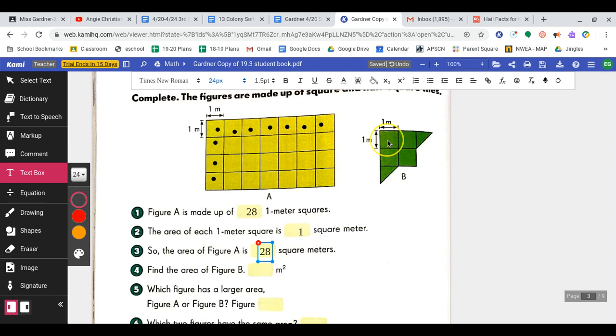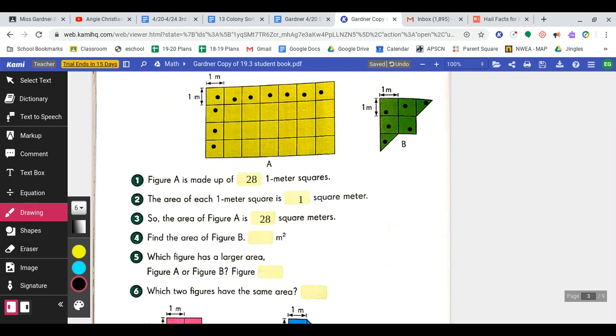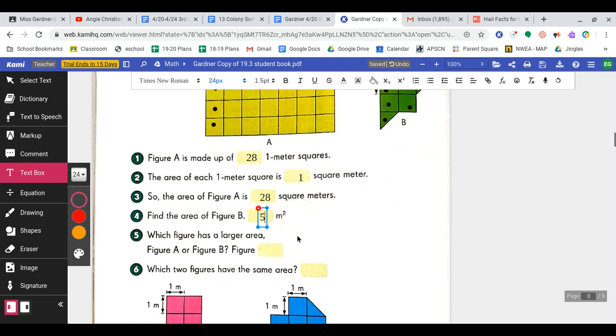So we can multiply 2 times 2, which is 4 square meters for the box here, or count up, there are 4 boxes, so that's 4 square meters, plus 2 halves equal 1 whole. So 4 plus 1 is 5 square meters for figure B. We can also write it as 5 meters squared. It's the same, whether we say 5 square meters or 5 meters squared.